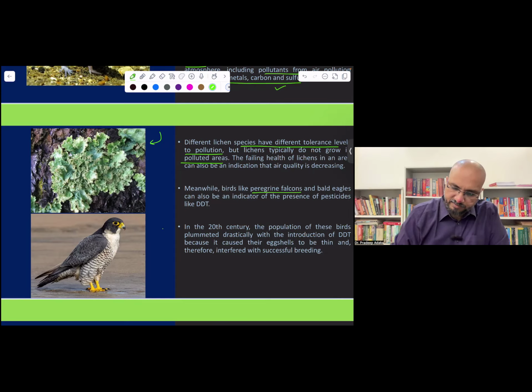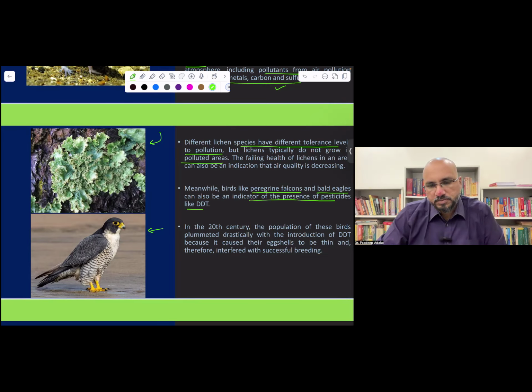So this is your peregrine falcon and bald eagles. Okay, bald eagle, that is a symbol of your US. Bald eagle animal. I don't know. वो national bird बोलते हैं इसको क्या बोलते हैं? What is the symbol of USA? Bald eagles. They are also an indicator of presence of pesticides like DDT.